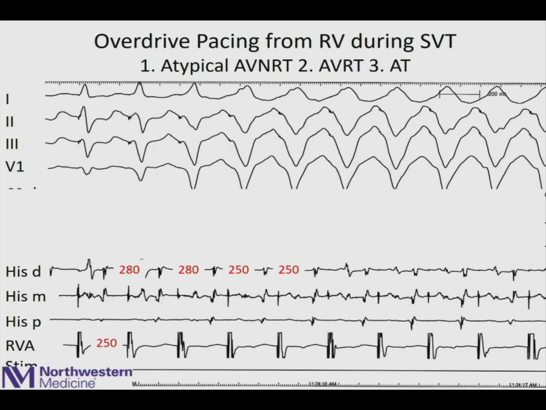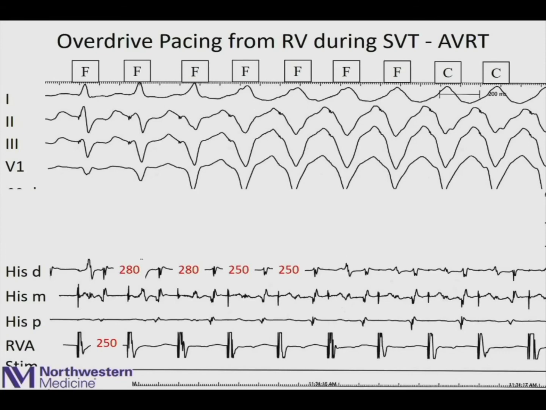And in this case, the AA interval went from 280, suddenly 250. Well, was the His refractory here? Well, let's look up here and see if there's complete capture yet. If you start here, the QRS is different. So this all must be progressive fusion. These Fs depict fusion.